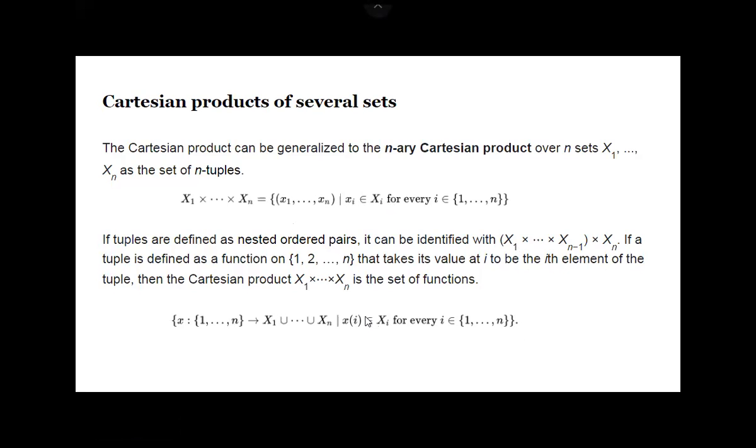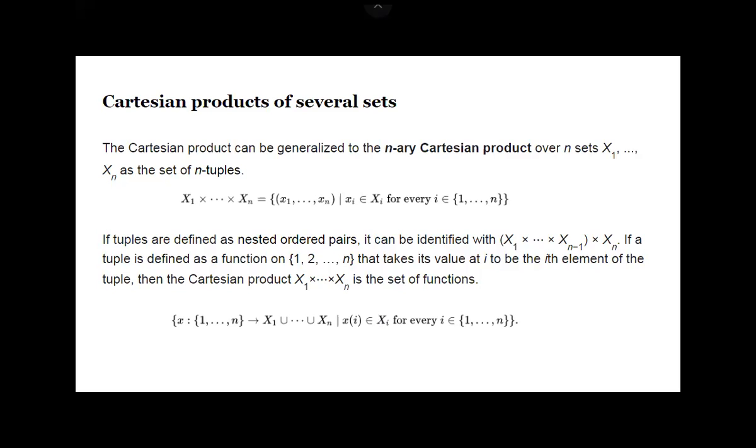Okay. If a tuple is defined as a function on 1 to n, that it takes value at i to be the ith element of the tuple, that I told you just now. Ith element of the tuple.